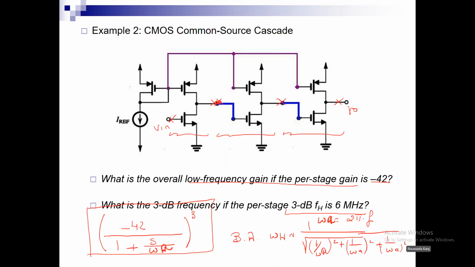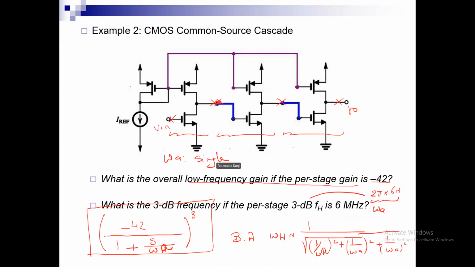Here, note that the omega h I am writing is for the overall system, so let us call the single-stage one omega A. So this is the better approximation. 2 pi times 6 megahertz is the single stage 3 dB frequency.